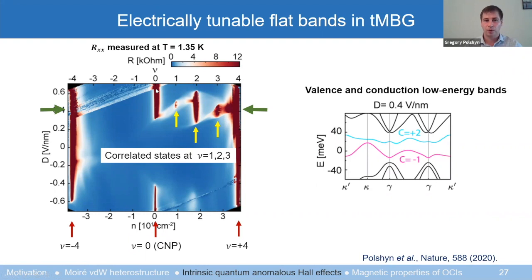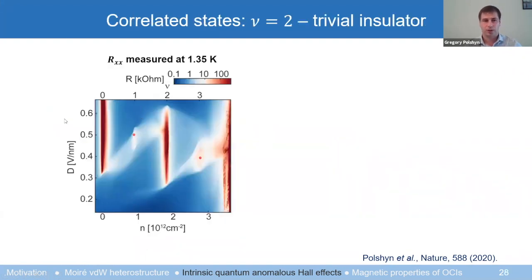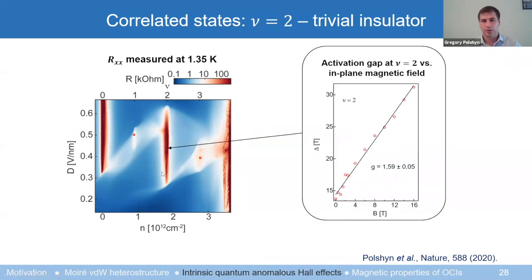So now let's focus on this region which shows correlated states, and I'll just show it here. The correlated state at nu equals 2 is a robust insulator, which suggests trivial topology. We can measure the activation gap of this state, and this activation gap shows some dependence on the in-plane magnetic field.